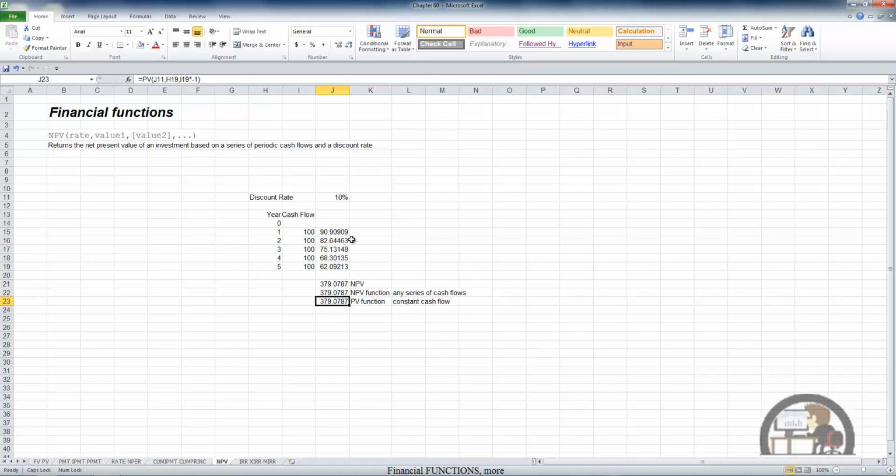And the way you do that is to divide the cash flow by 1 plus the discount rate, which is 10%, and then take the exponent of that value determined by the number of years. So $100 discounted for 1 year is $90.91 rounding.